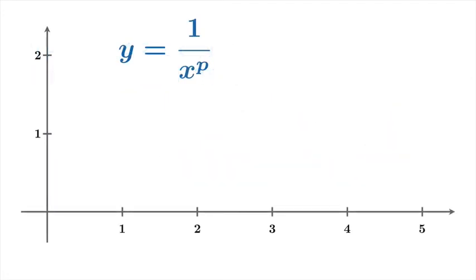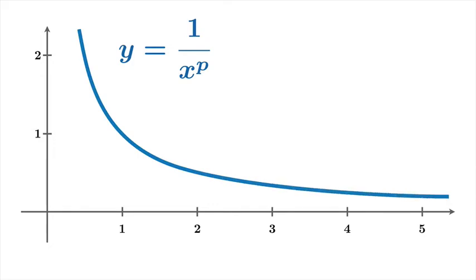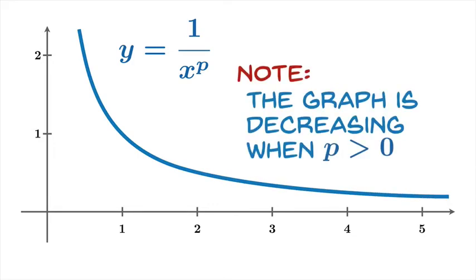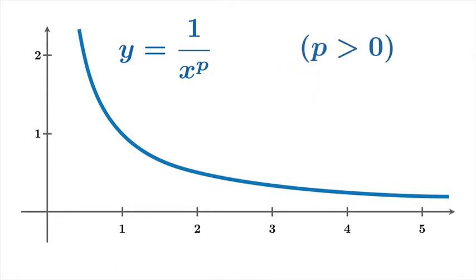So what we'll do is take a look at the graph of 1 over x to the p. The thing to note here is that if p is greater than 0, which is true for all the cases we have left to analyze, this graph is actually decreasing. So qualitatively, this is the right picture. And we're going to draw boxes where each width is 1.